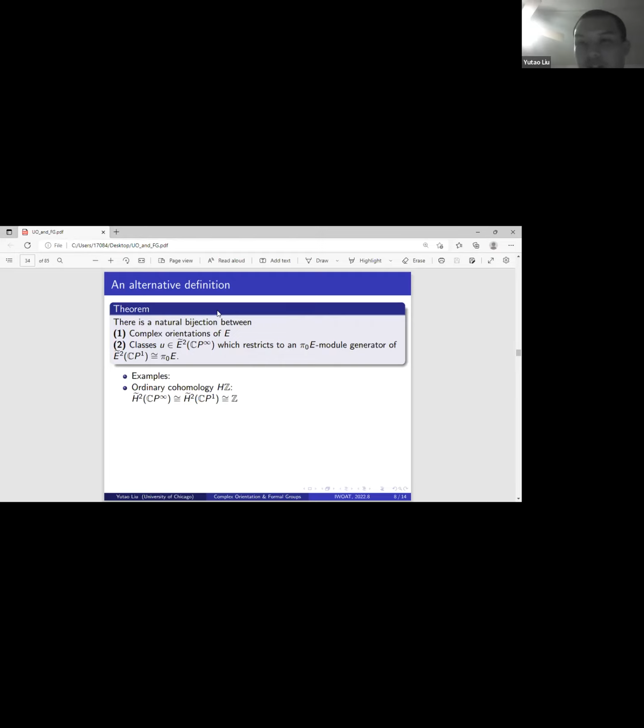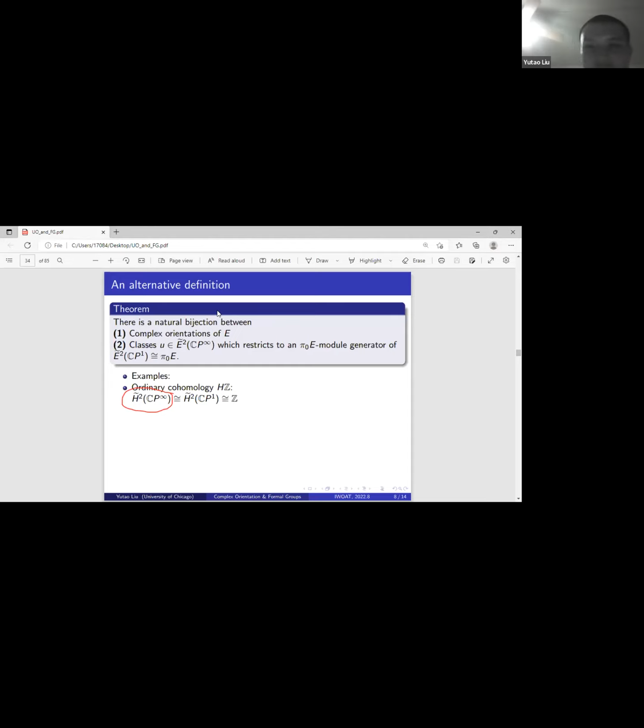So you only need to choose one of the 2 elements in H2 of CP infinity, which is mapped to a generator in H2 of CP1. In other words, HZ is complex orientable, and you have 2 choices of the complex orientations.